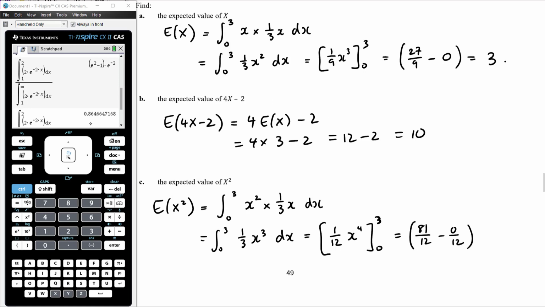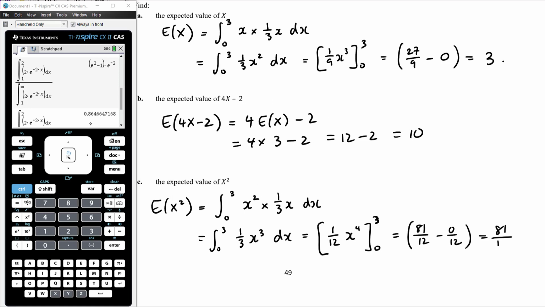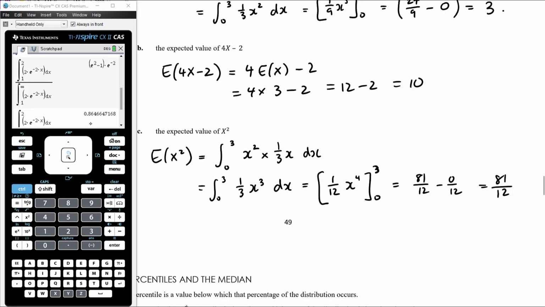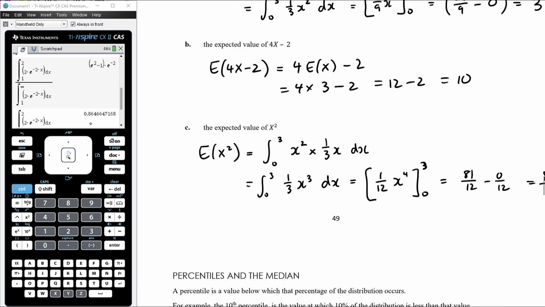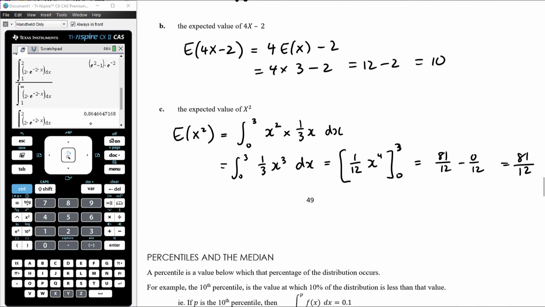So it's just going to be 81 on 12. Again, it's not a probability, so it can be bigger than 1. There's no issue with that. This in itself is really meaningless. We just need to do that in order to find variance, which we'll talk about in a minute.